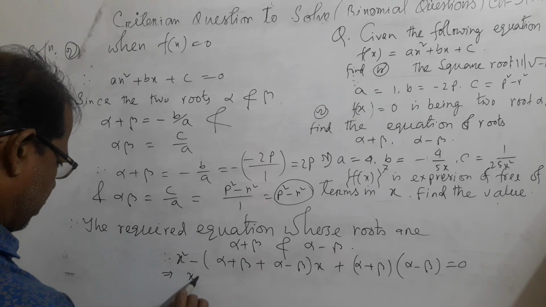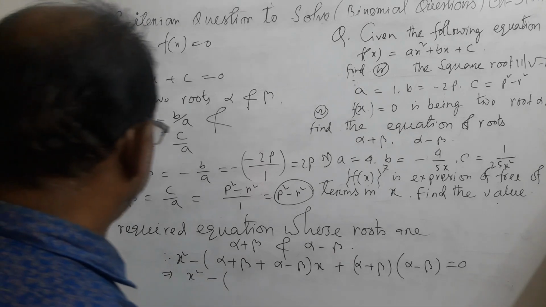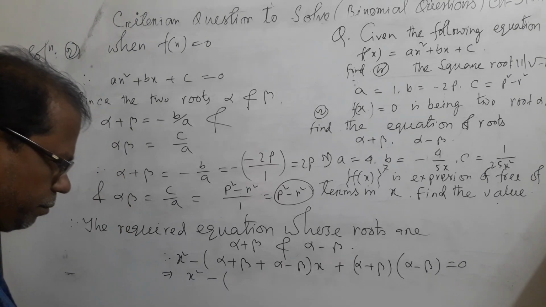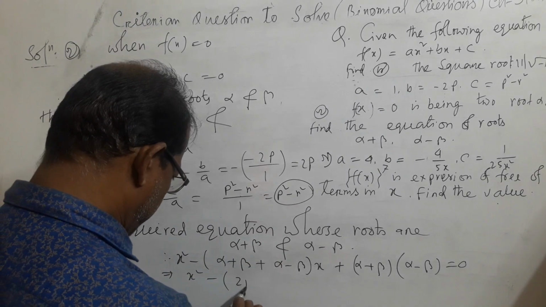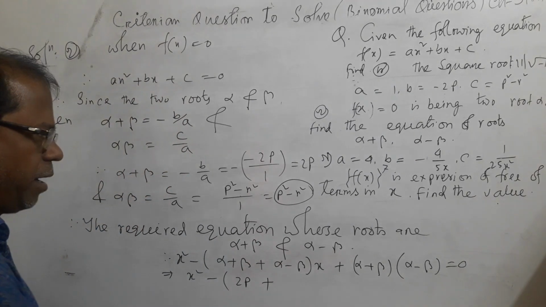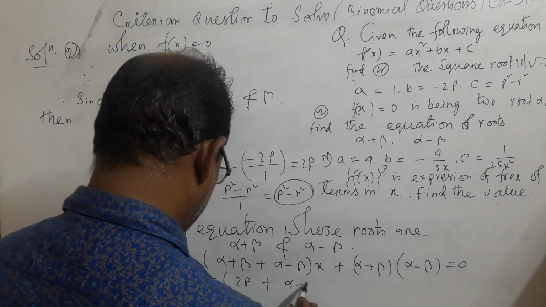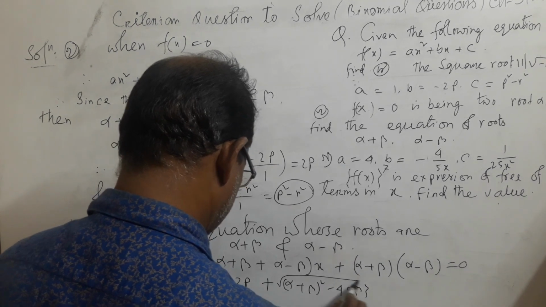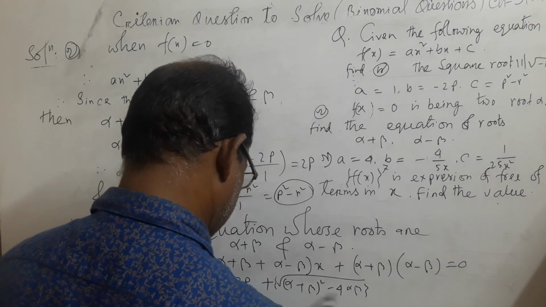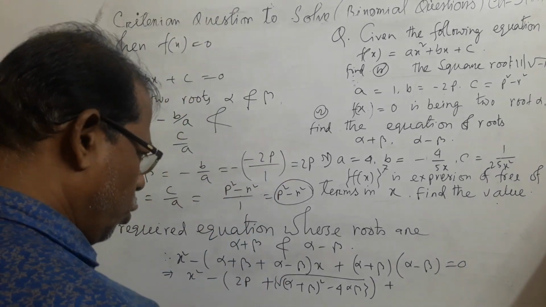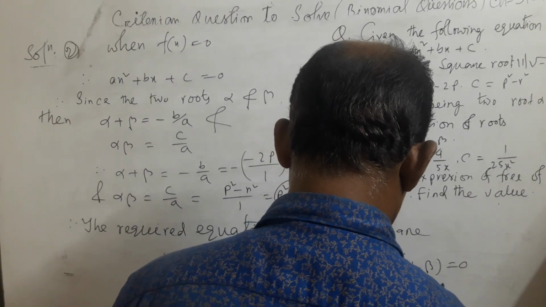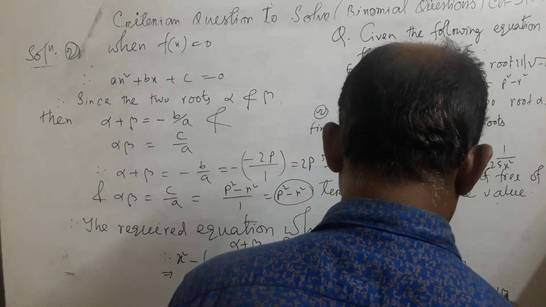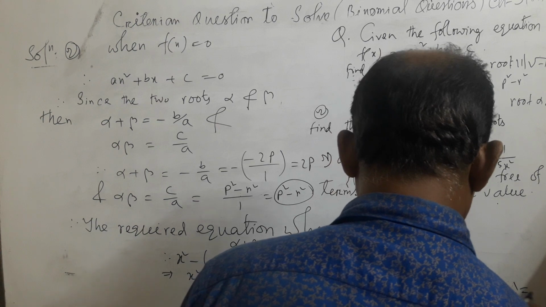That's why x square minus alpha plus beta plus alpha minus beta, that means 2p, where alpha minus beta means the square root of alpha plus beta whole square minus 4 alpha beta, into x plus 2p into the root of alpha plus beta whole square minus 4 alpha beta equal to 0.